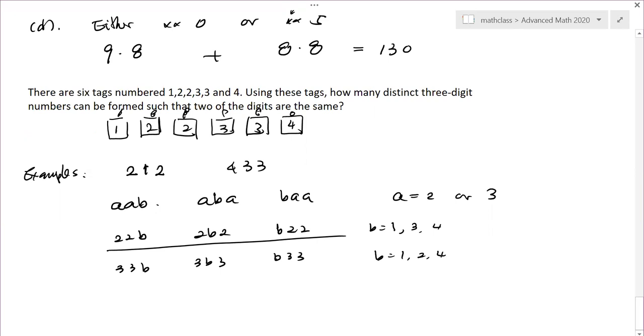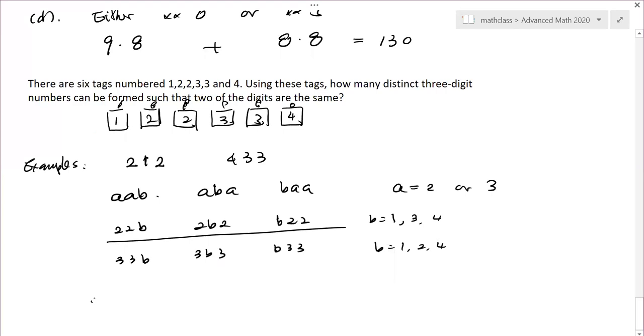So the answer will be 3 times 3, which is 9, plus 3 times 3, which is 9. So it's 18. The total is 18 because you have 3 choices for B for each pattern.